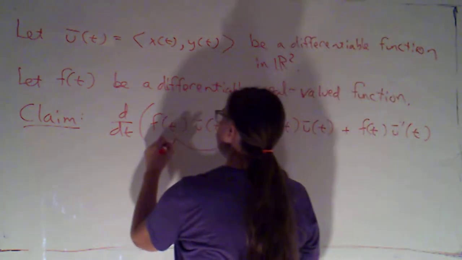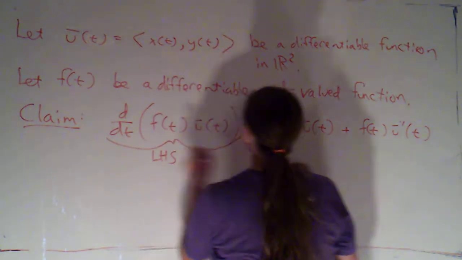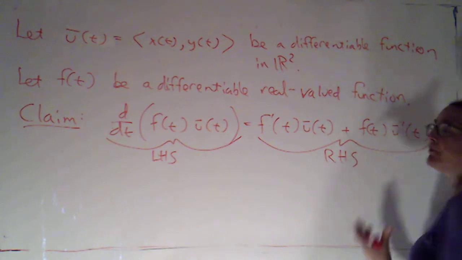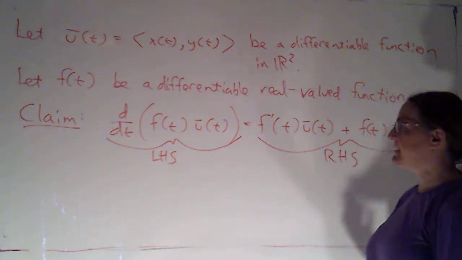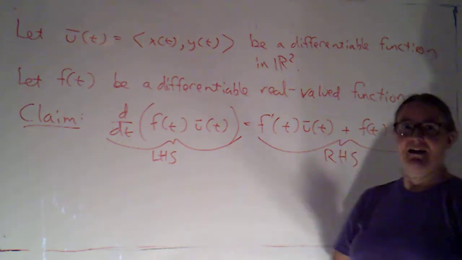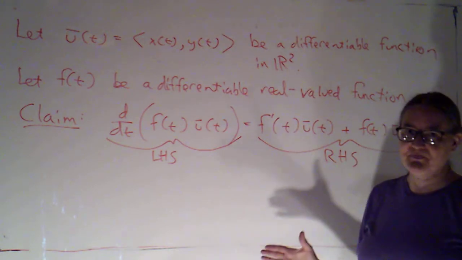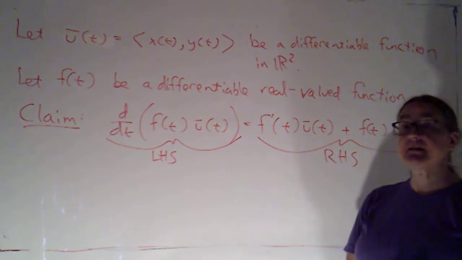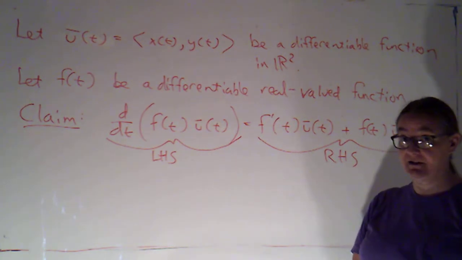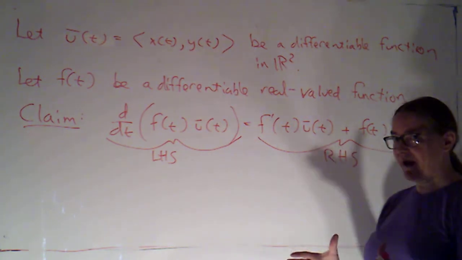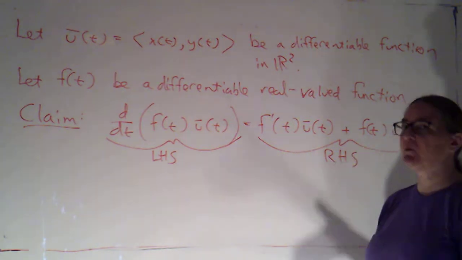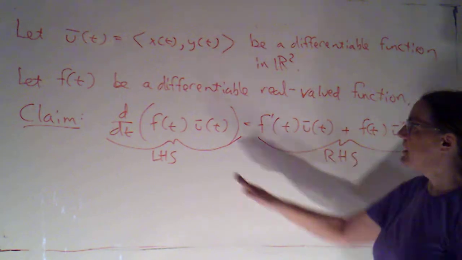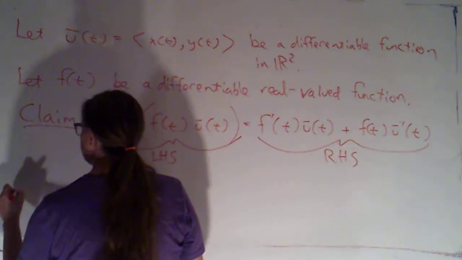Notice that claim has a left-hand side and a right-hand side. When I'm proving an equation, I can only work with one side at a time. I'm going to choose one to start with, and I am going to try to prove this in painstaking detail, which means I'm not combining steps, and I'm providing a reason for each and every step.